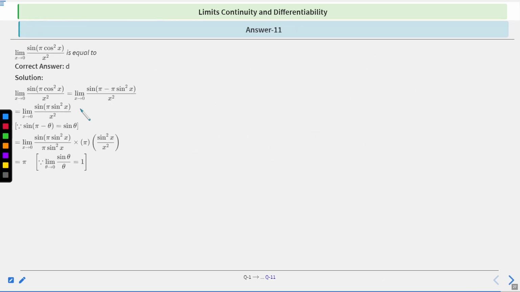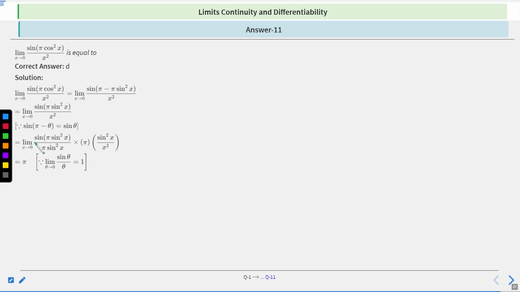Okay, let's move to the solution part. See, the limit as x tends to 0 of sin(pi cos² x) upon x² is equal to the limit of sin(pi - pi sin² x) upon x², because we know that sin(pi - theta) is equal to sin theta, right? And it can be written as the limit of sin(pi sin² x) upon x². Clear? Here cos² x is written as 1 - sin² x, right?